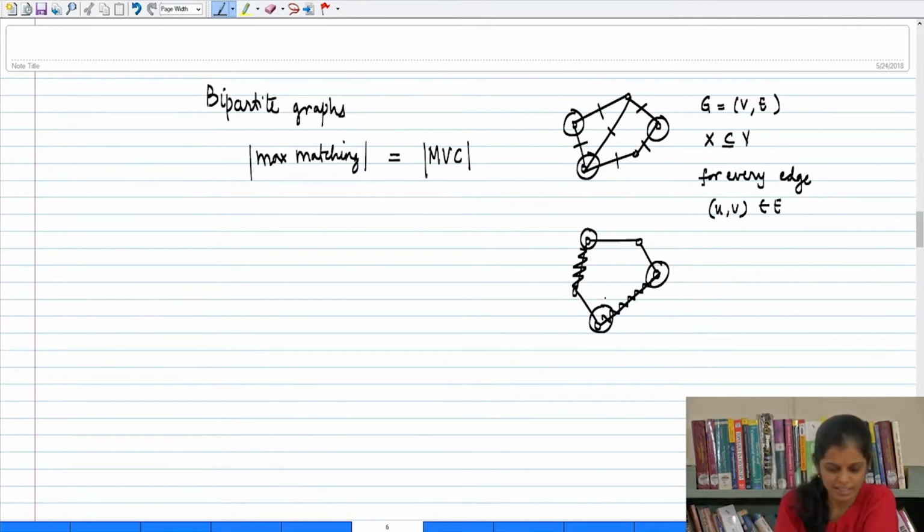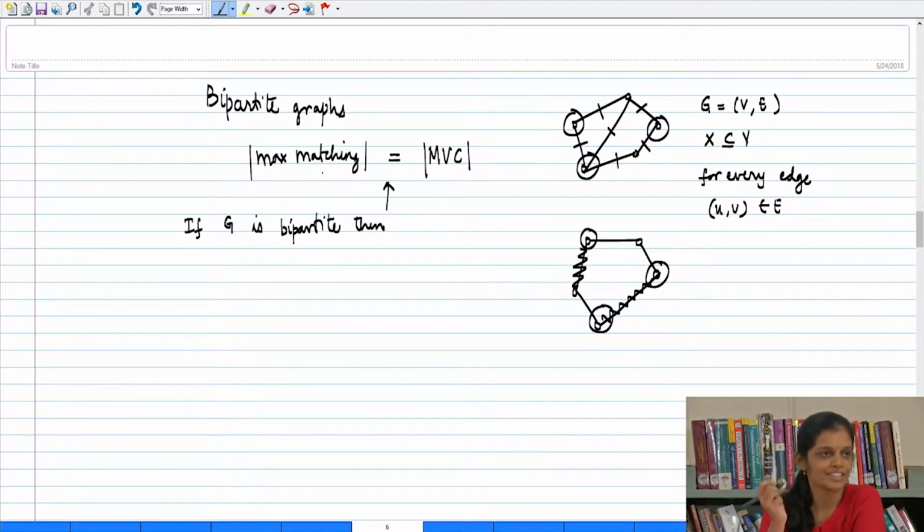So I will just make a small detour and ask, what we are saying is, if G is bipartite, then this condition holds, right, that is maximum matching size is equal to minimum vertex cover. So in terms of our necessary and sufficient conditions, remember we saw them in the context of Hamiltonian graphs. Is this a necessary condition or a sufficient condition? It is a necessary condition, right.